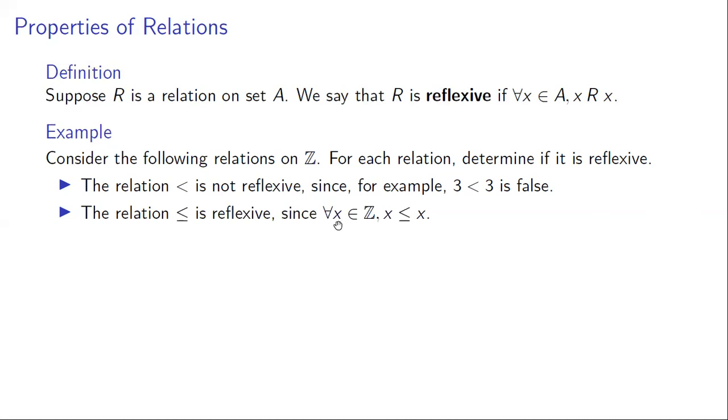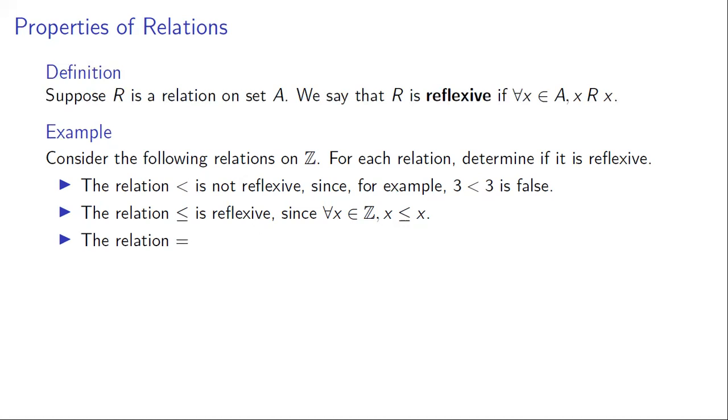Since for all x in Z, for every integer x, x is less than or equal to x. Take any integer x, it's always going to be true that x is less than or equal to itself. Therefore, the less than or equal to relation is a reflexive relation.